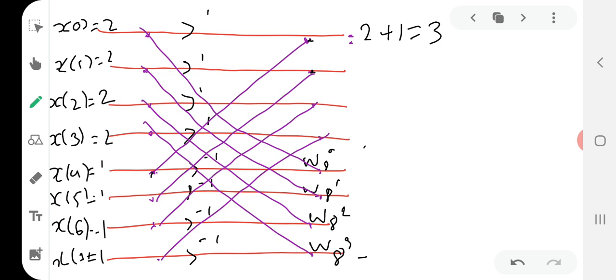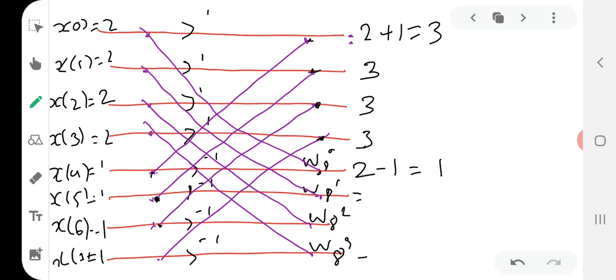Here again 2 into 1 plus 1 into 1 is equal to 3. Here also 2 plus 1 is 3, and here also 3. Next, at this point, what are the values? 2, then minus 1 into W 8 raised to 0, that will be equal to 1 only.